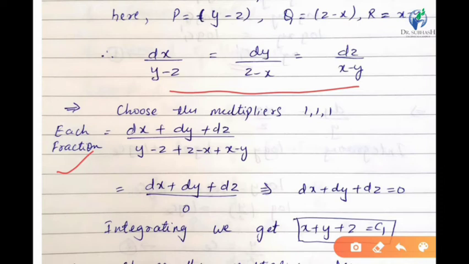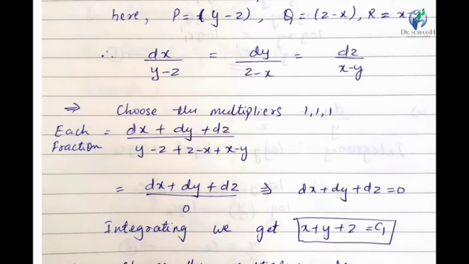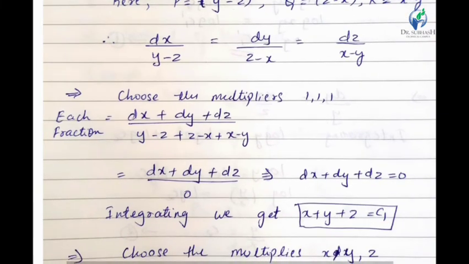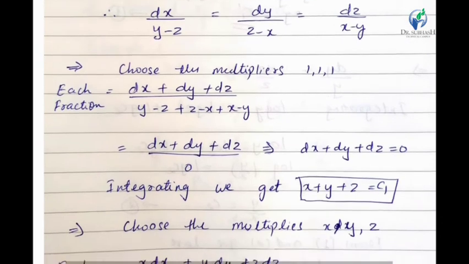We can see that the denominator portion we get as 0. So according to the Lagrange multiplier method, when the denominator is 0, we can rewrite this equation as dx plus dy plus dz equal to 0. Now we can easily integrate it. So we get x plus y plus z equal to C1.